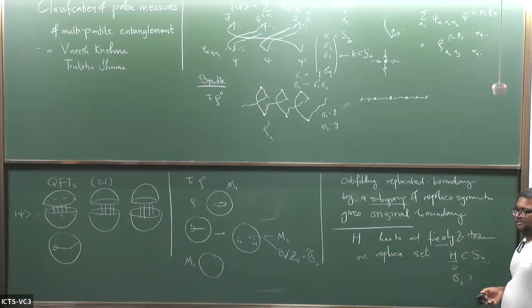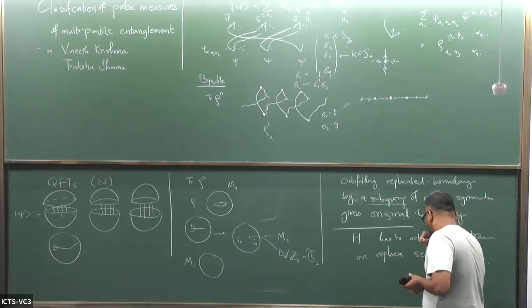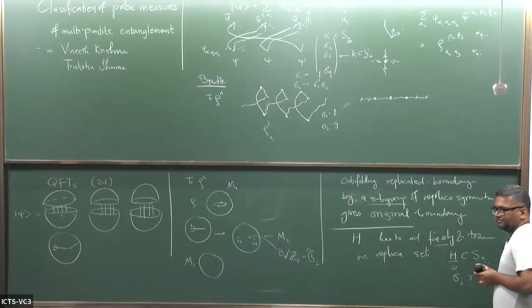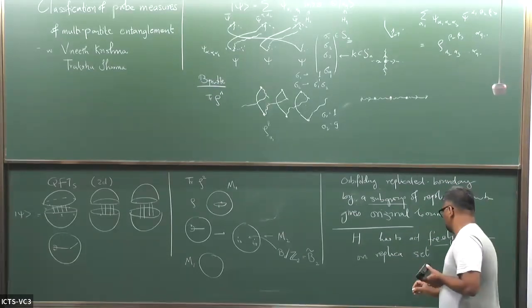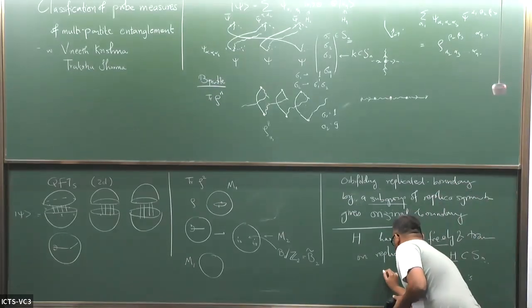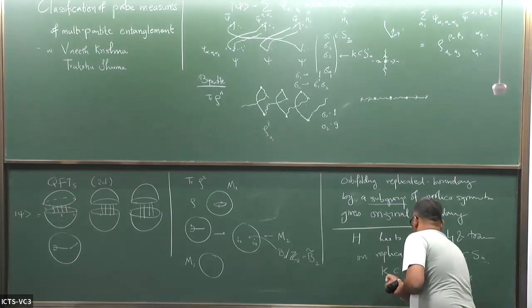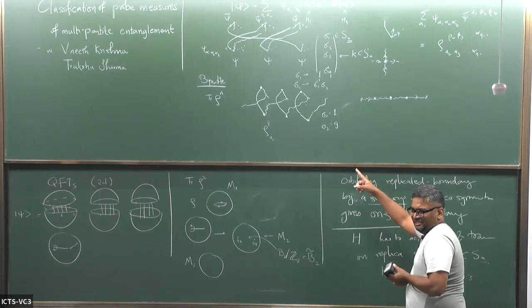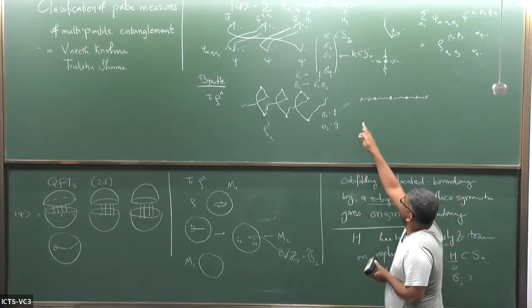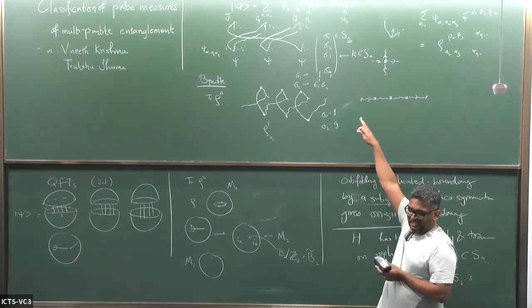Sorry, commutant of the commutant. Isn't that what you're using? This was the original sigma, since the commutant was your H. So let me just say the following. K is the group that is generated by the sigmas.